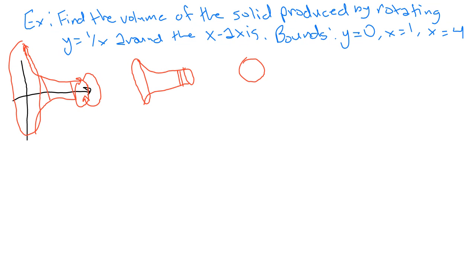So if we think about this where our base is a circle and we have some height, delta x, we can treat this as pretty much a cylinder.